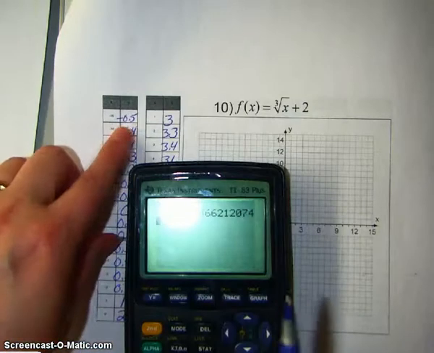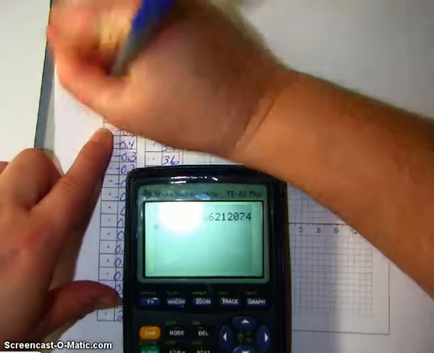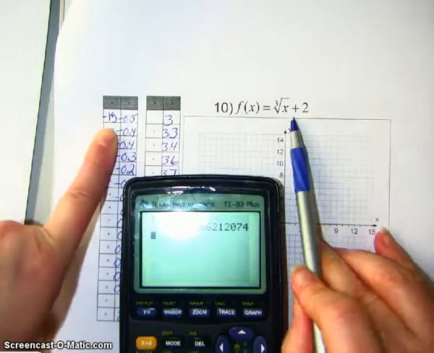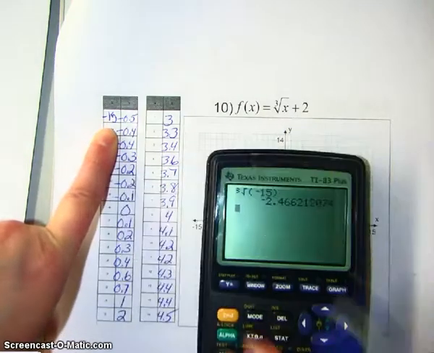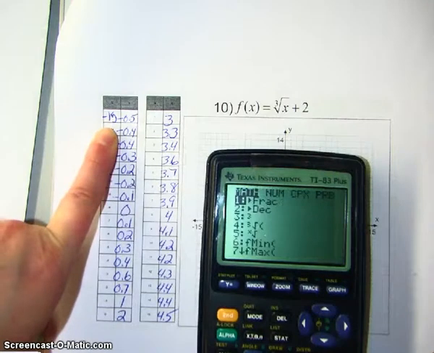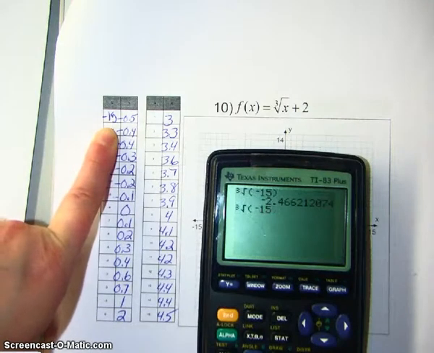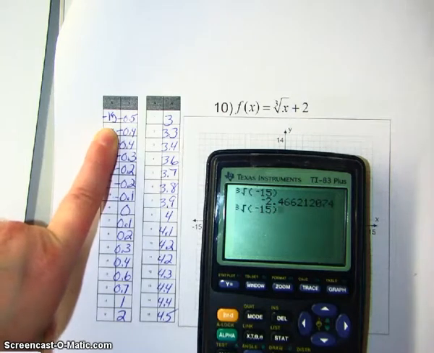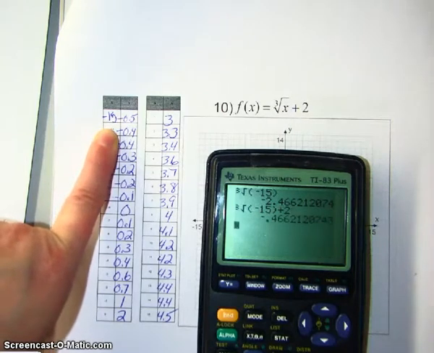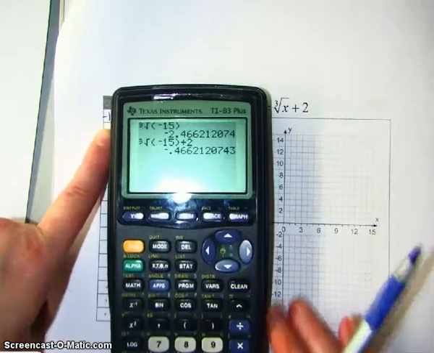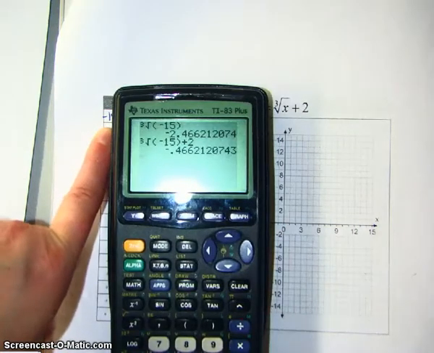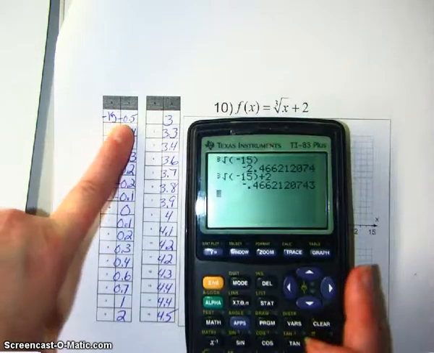This is negative 15, and I want to plug negative 15 into this expression. I'm doing the cubic root of negative 15, closing the parentheses because only the negative 15 is taking the cubic root, and then adding 2 to that answer. I got negative 4.66 at first, so I rounded that to negative 0.5.